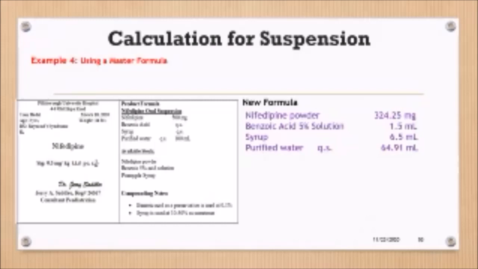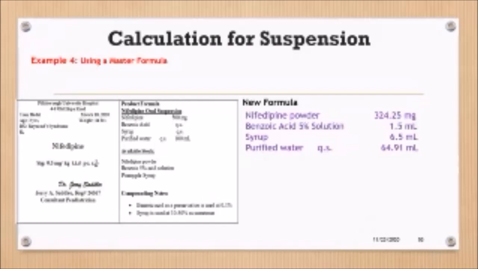So all you do is just go and measure the 1.5 mils. But in this case, you're calculating it because it says QS, and the understanding is that the compounder will know that that QS must add up to a concentration of 0.1% in the final formulation. Similarly for the syrup. So that's what you do if you have a master formula.